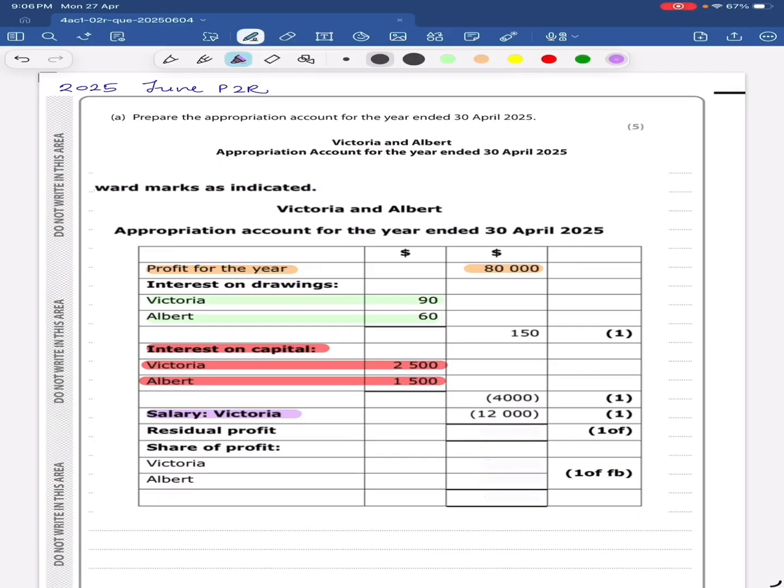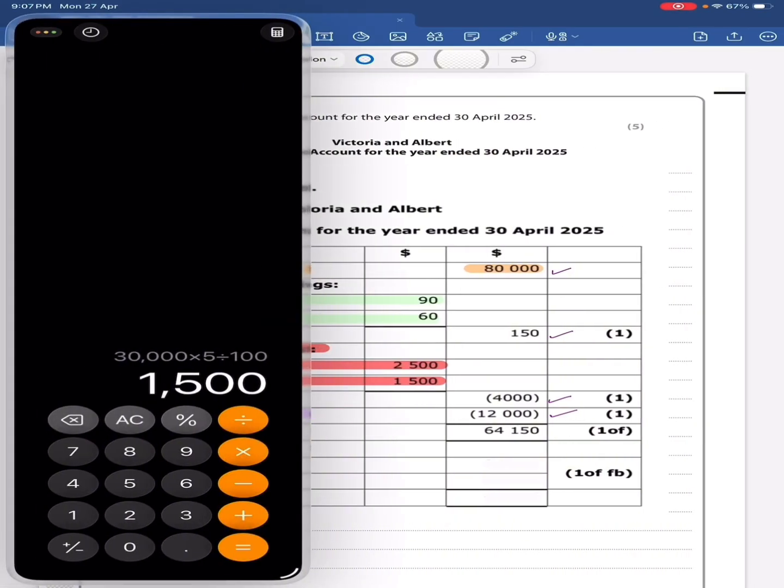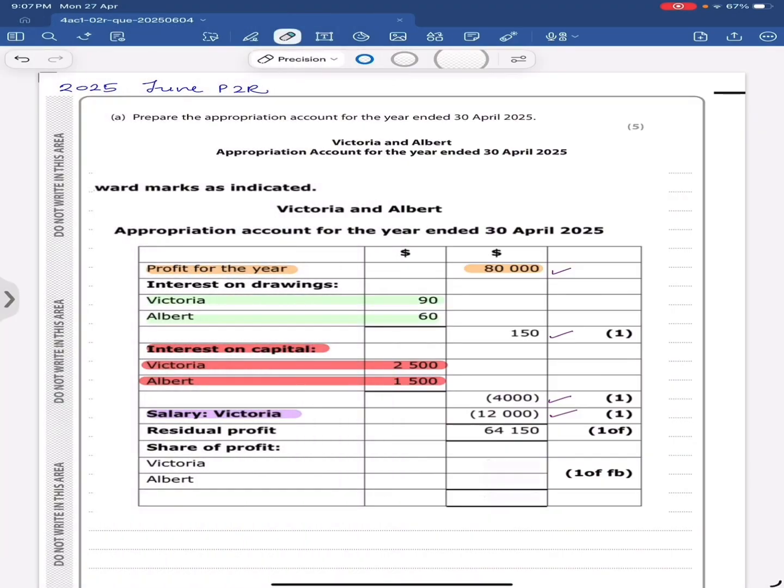Now 80,000 plus 150, take away 4,000, take away 12,000 should give a figure of residual profit 64,150. Let's cross check. So it's 80,000 plus 150 interest on drawings, take away 4,000 interest on capital, take away the salaries 12,000, which is 64,150.